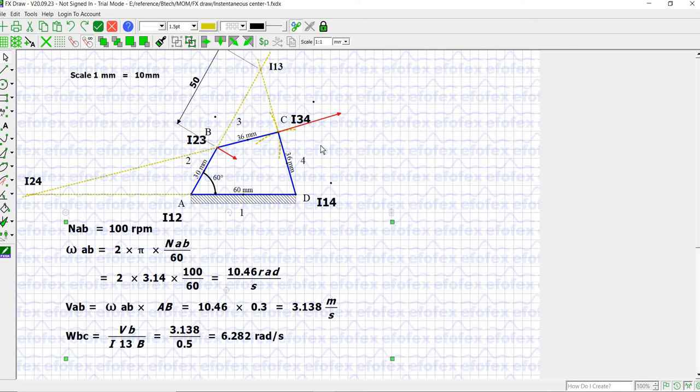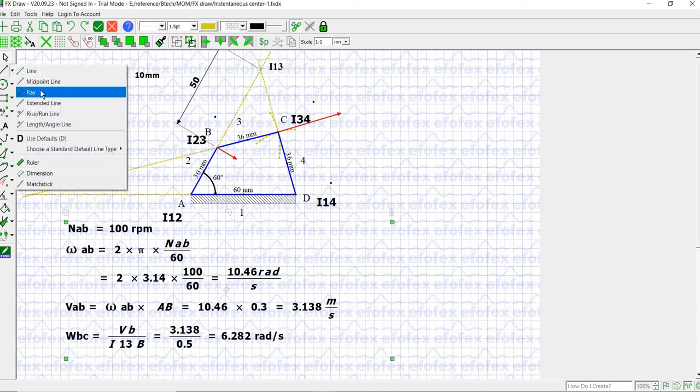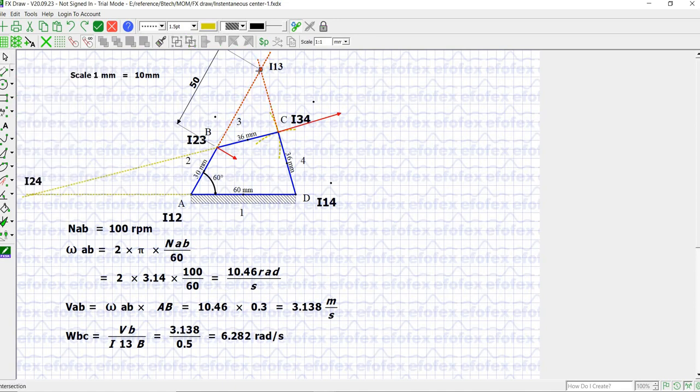The point C is rotating about I13. So we will first measure this length, that is 36 mm. When it comes to scale, it is 360 mm, nothing but 0.36 meters.